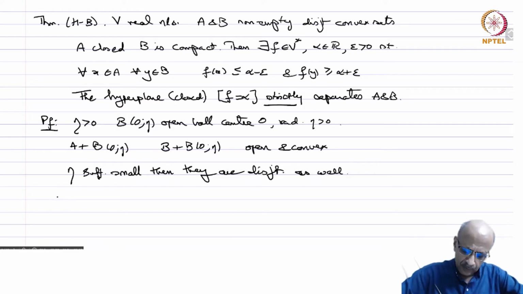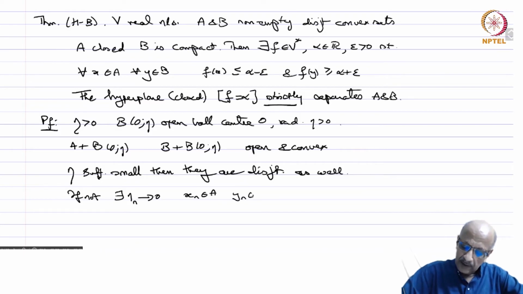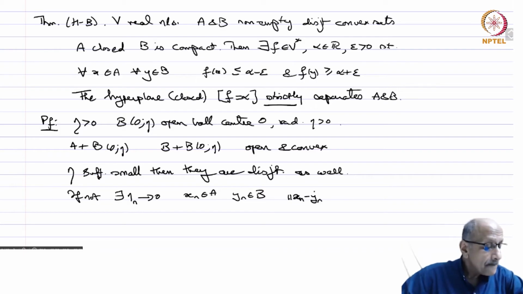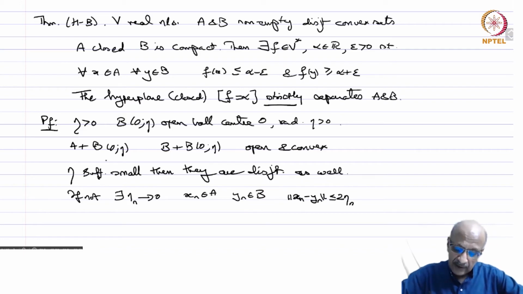Why? Because, if not, there exists eta n going to 0, xn in A and yn in B, such that the norm of xn minus yn is less than or equal to 2 eta n, because you will have a common element between these two, that is xn in A plus something and yn in B plus the same thing.